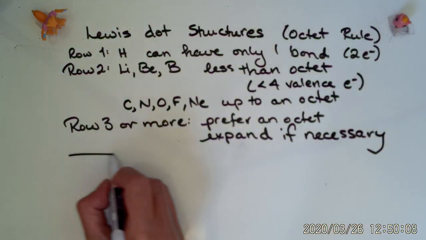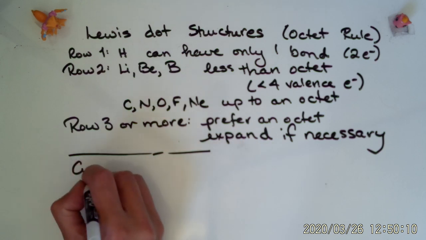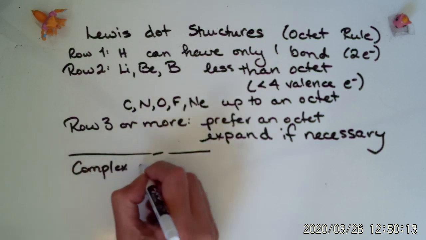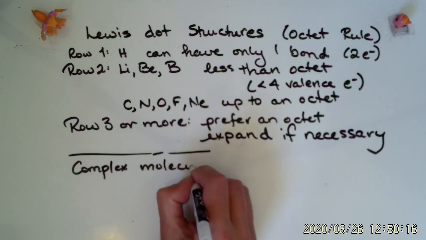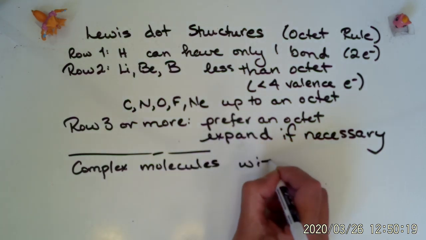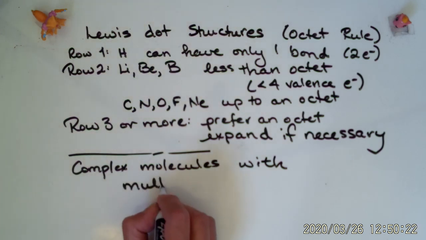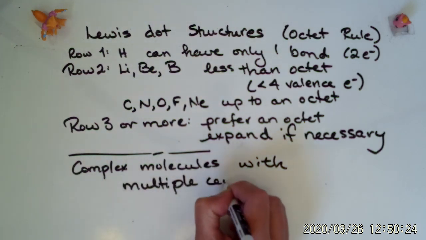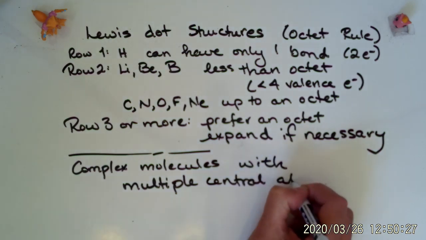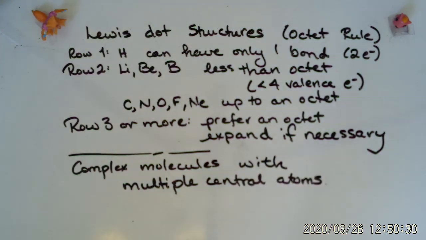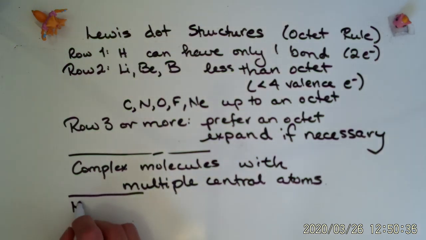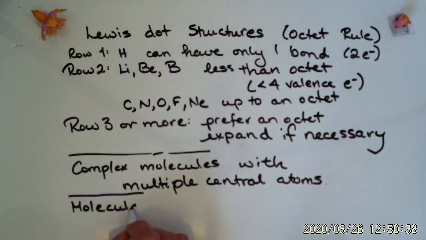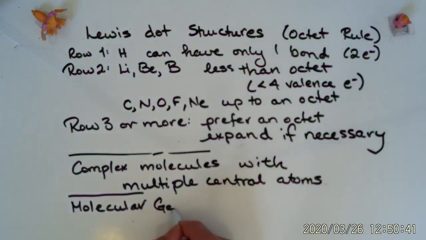And then we also have complex molecules with multiple central atoms. Okay? And once we draw them, we're then going to start talking about molecular geometry. This will be part and parcel with what we're doing.